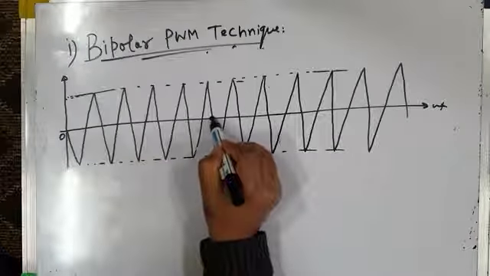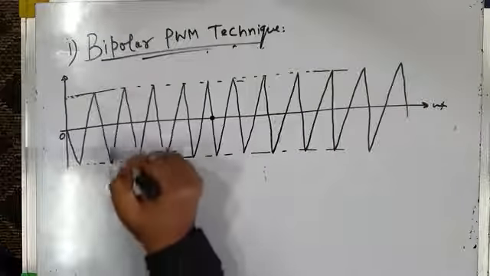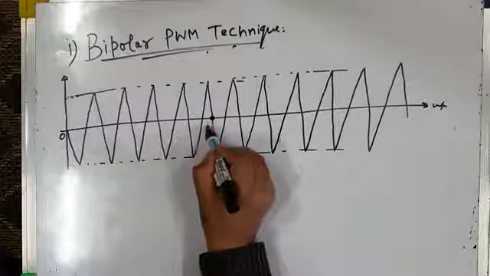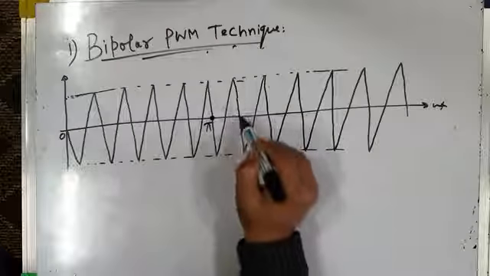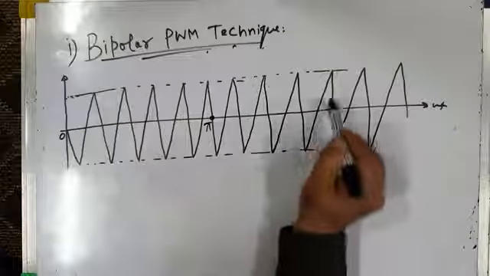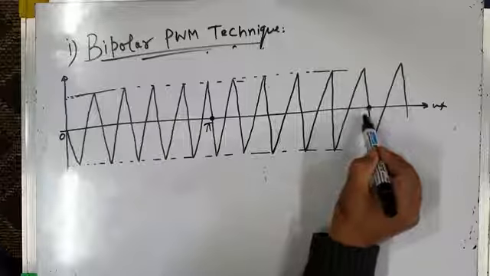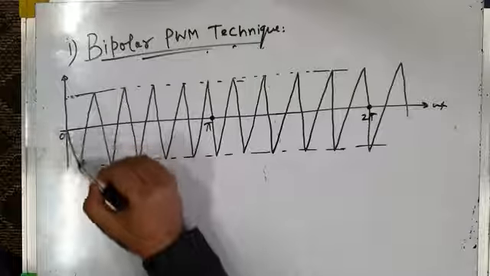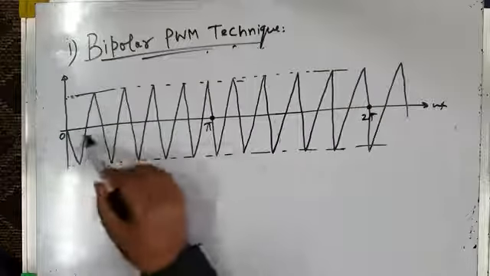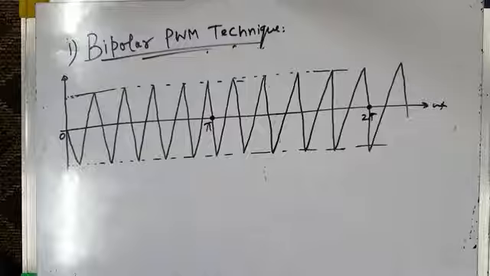So let us consider 5 carrier wave cycles from 0 to pi in positive half cycle of inverter output voltage, and then 5 cycles from pi to 2 pi for triangular carrier wave, 5 cycles from 0 to pi and 5 cycles from pi to 2 pi.